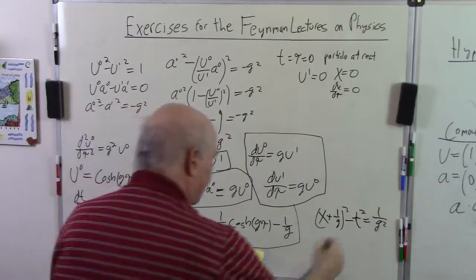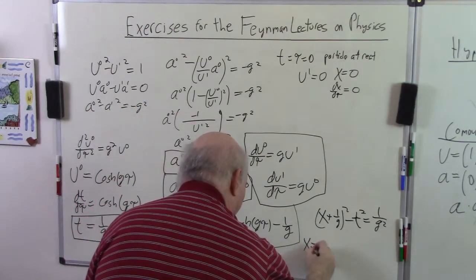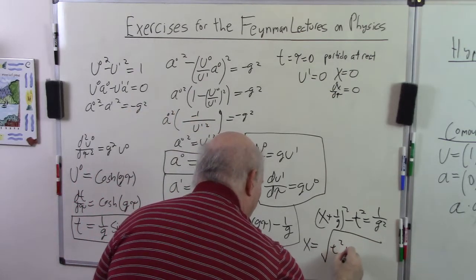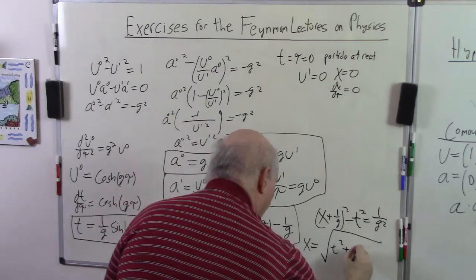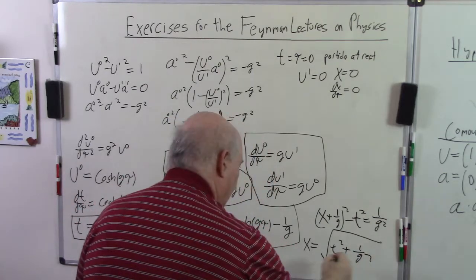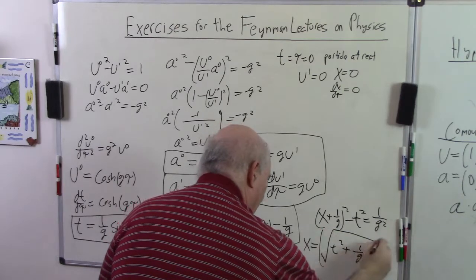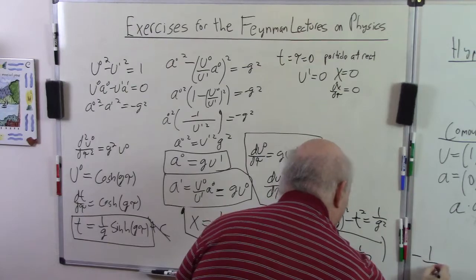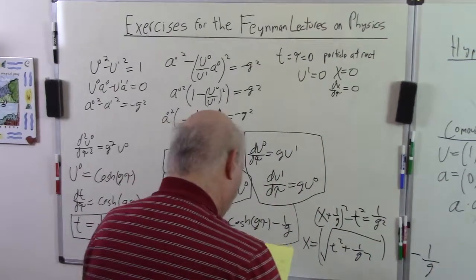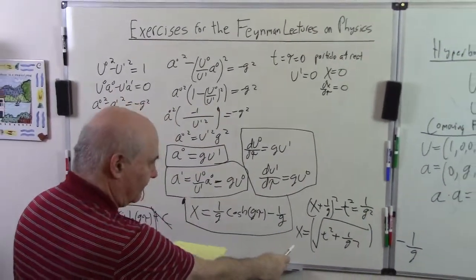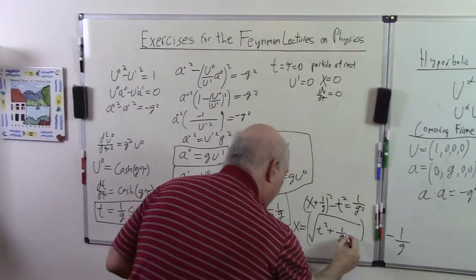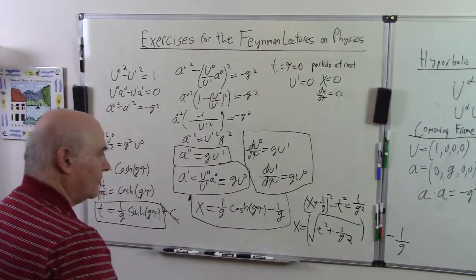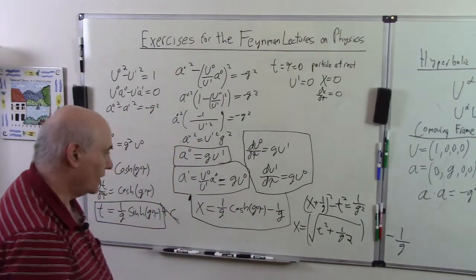And solving this, we get x is equal to the square root of t squared plus 1 over G squared, minus 1 over G. So this is what we had in our initial video when we make the substitution 1 over G for b using c equal 1.